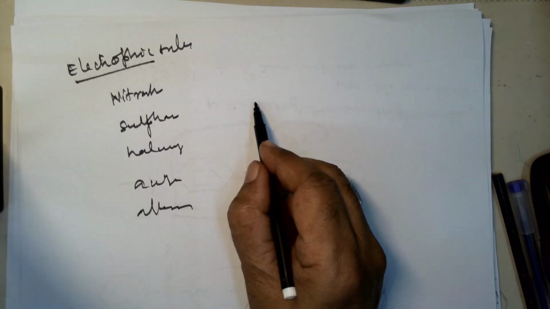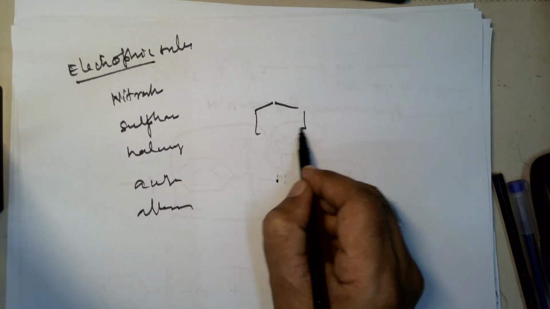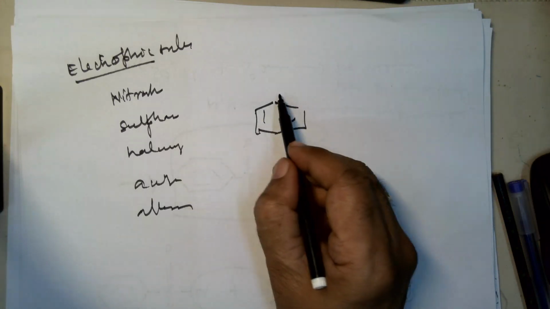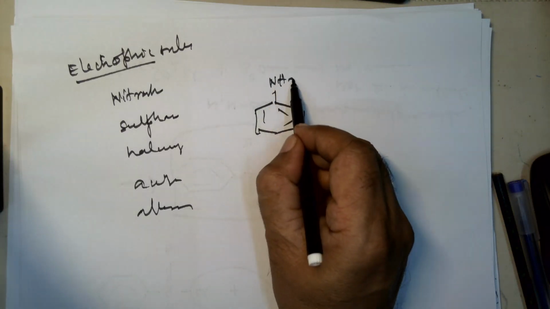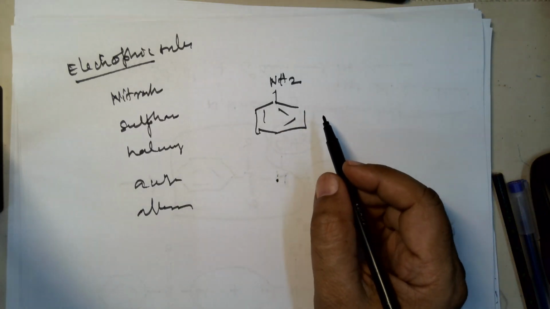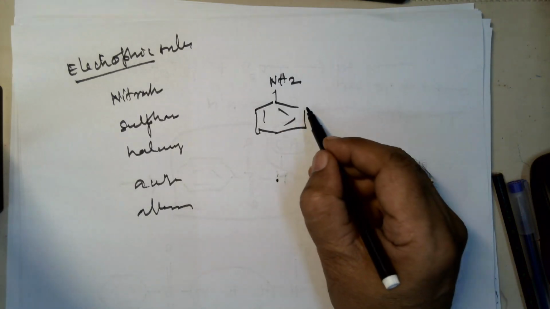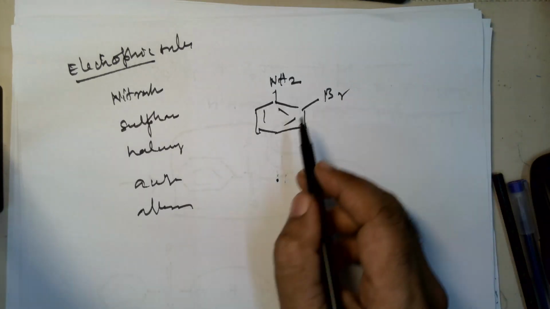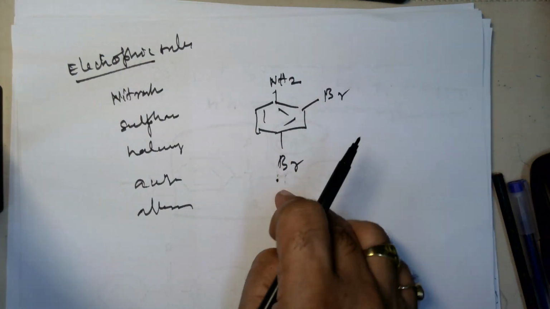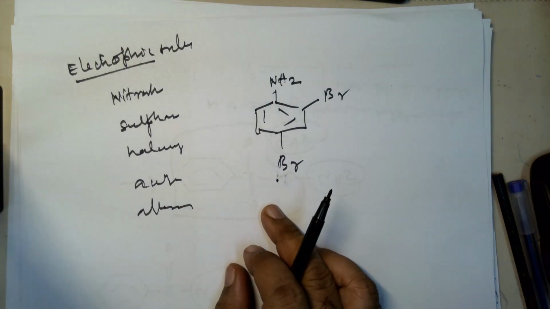For example, you have this NH2, and the substitution can be ortho and para. Excessive bromination gives ortho para dibromoaniline.